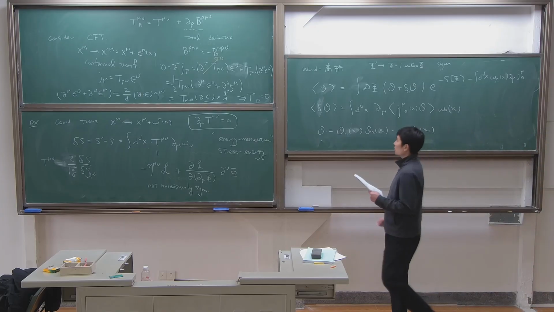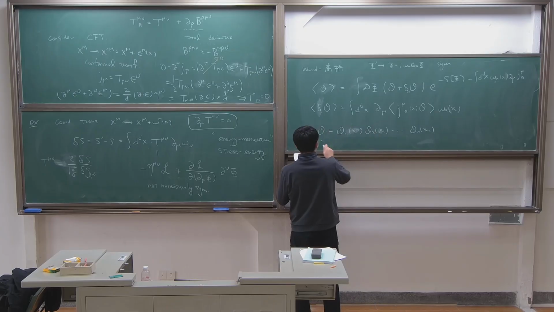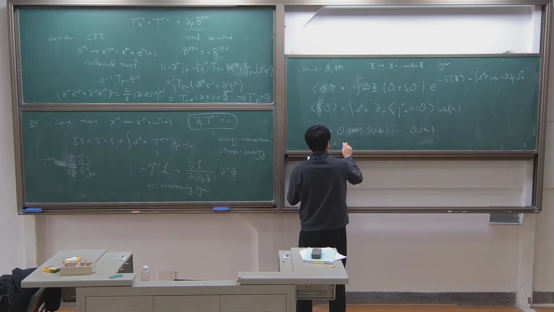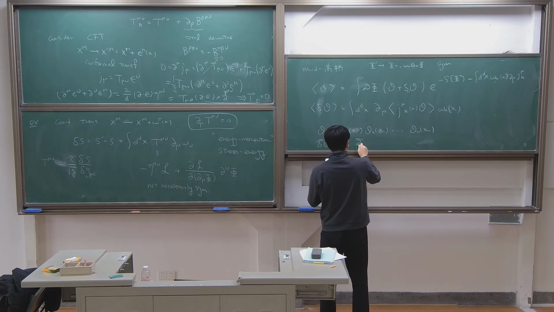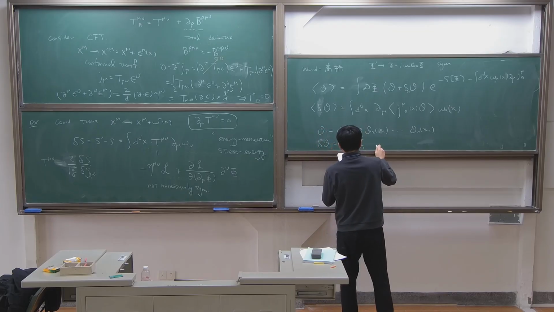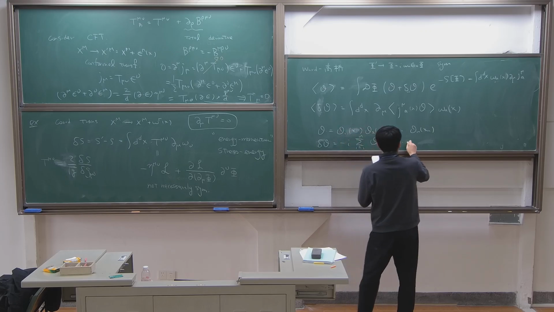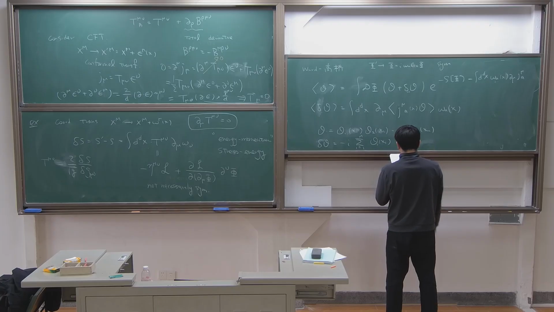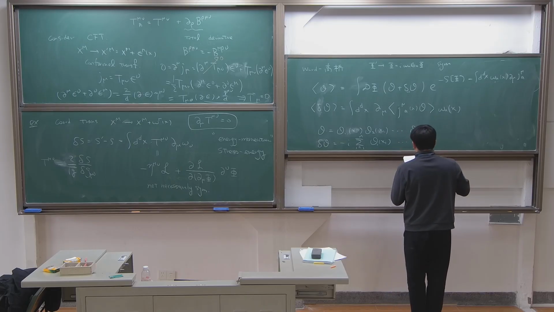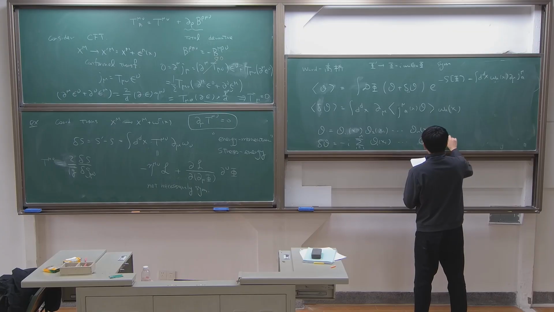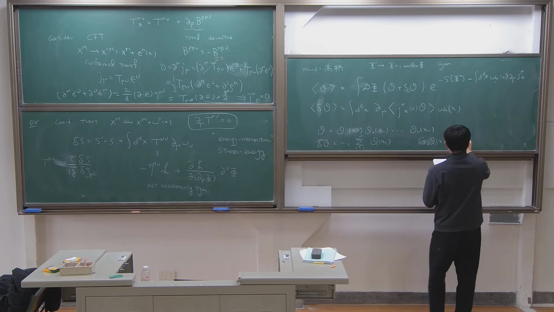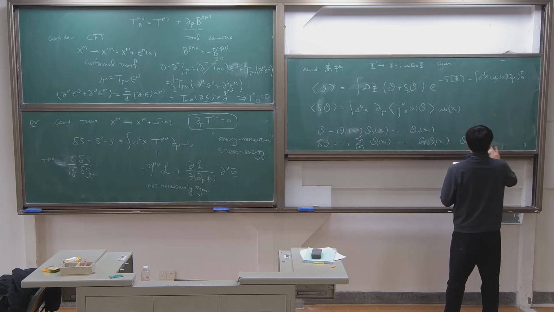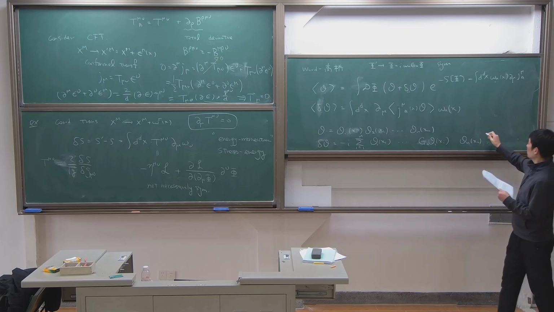Then what you get is that delta O is something like minus i, sum of i equal to 1 to n, O of x1, and so on, G A acts on operator O of xi, and then xn, like this. That's how it acts on them.